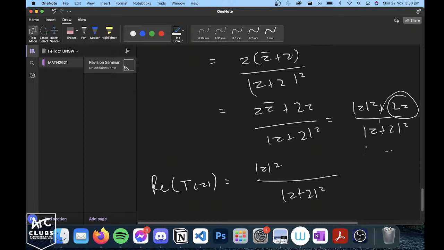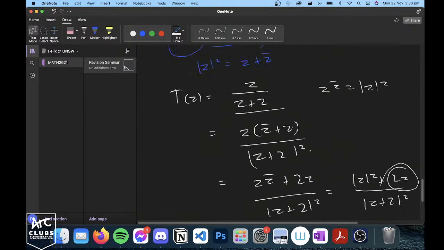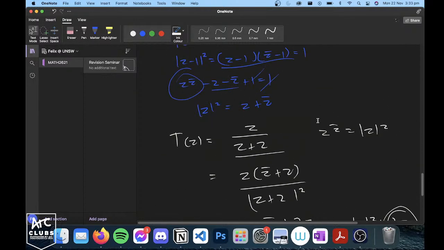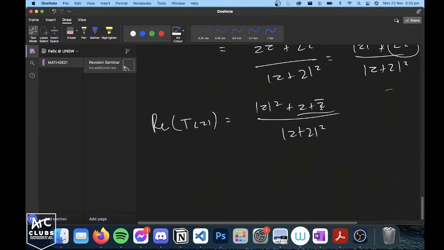If you made it Cartesian form, it would be 2x, but in terms of z itself, it would be z plus z conjugate, because when you add a complex number to its conjugate, you get 2 times the real part. So now we can use the result we had before, changing this z plus z conjugate into just 2 of |z|^2 over |z + 2|^2.